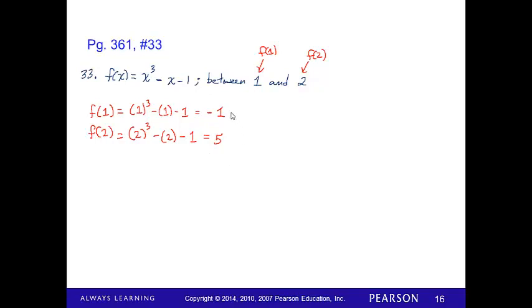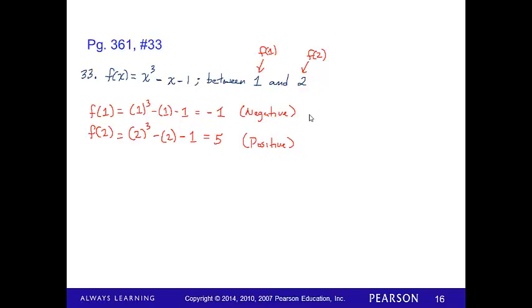Now we see that f of 1 is negative, and f of 2 is positive. Since they are opposite signs, there must exist a c between 1 and 2 such that f of c equals 0.